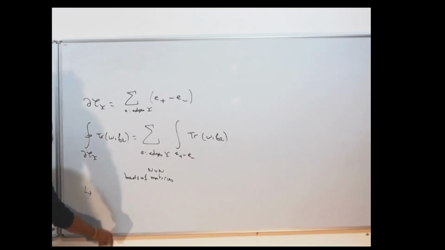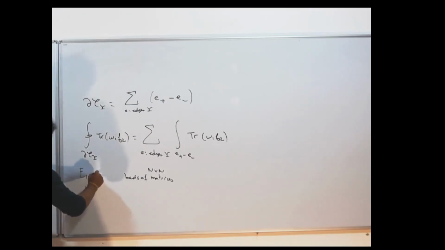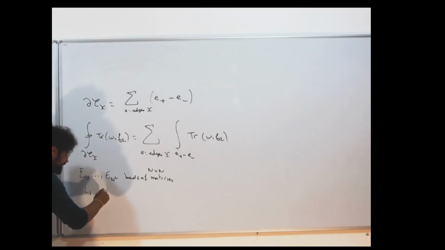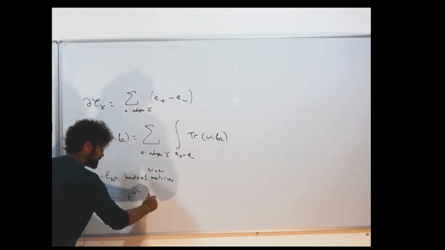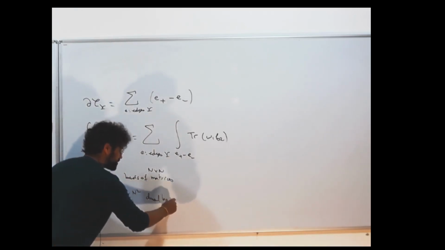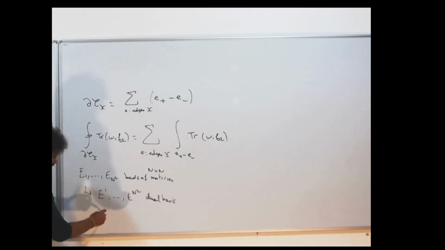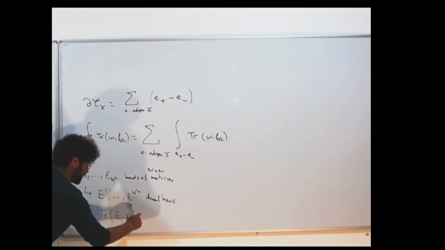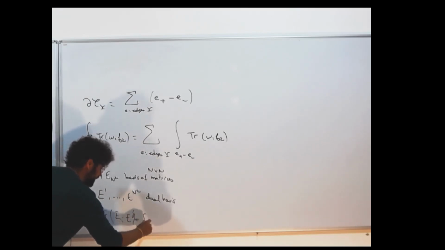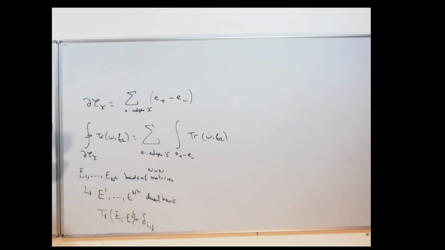Good point, capital E, yeah, good idea. Okay, n squared, basis of matrices, and E with upper indices 1, 2, to E^{n squared}, the dual basis. Okay, and so this dual basis is just defined by the requirement that trace of E_i E^j be delta_ij, the Kronecker delta.